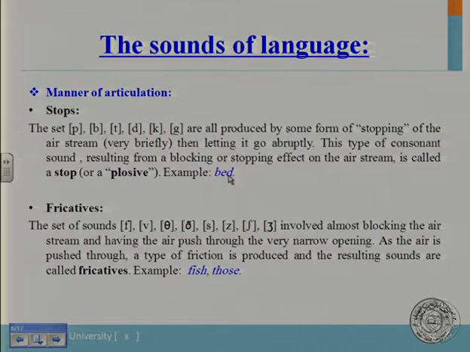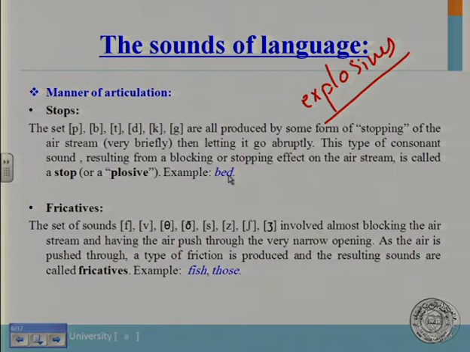Now, these sounds are called stops, and we can also give a name for this as explosion or explosive. Why explosive sounds? You will understand why. These sounds are all produced by some form of stopping.